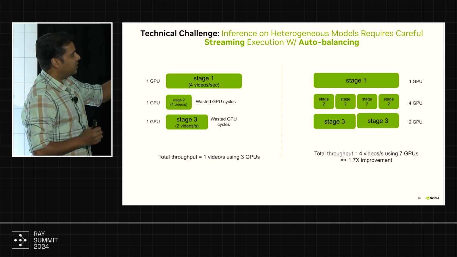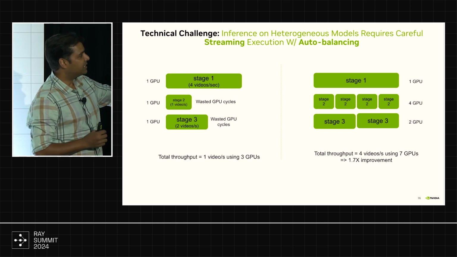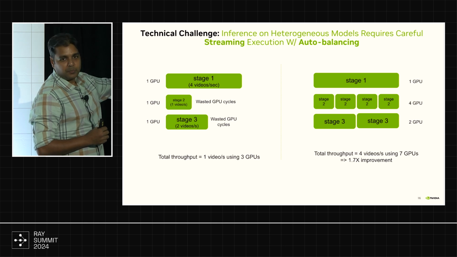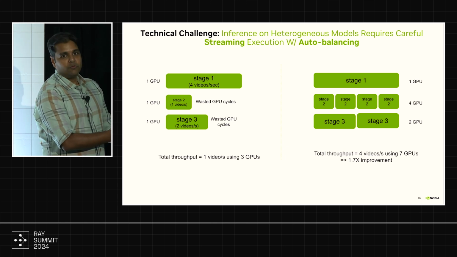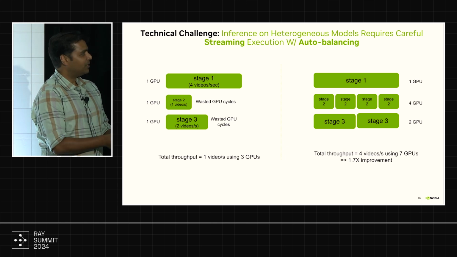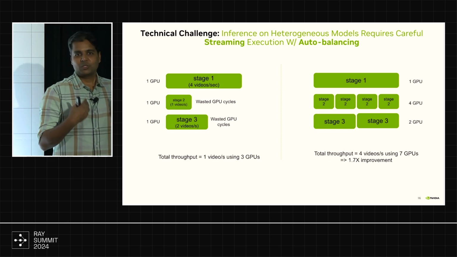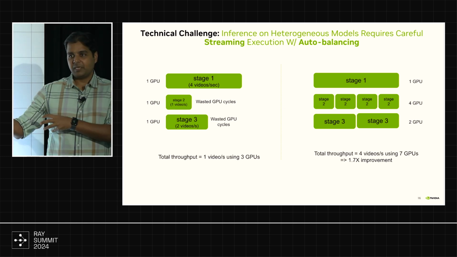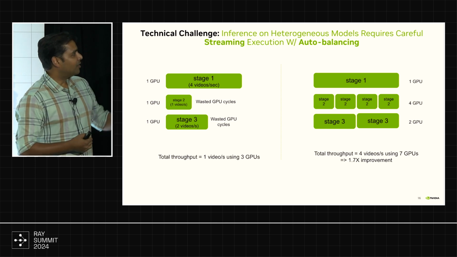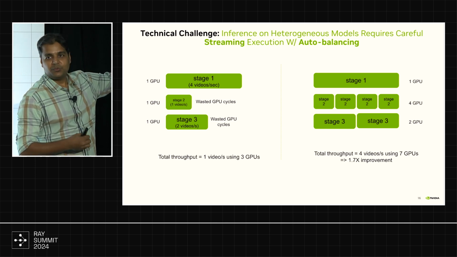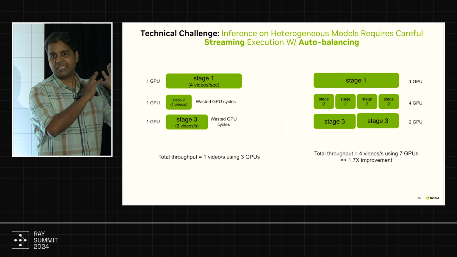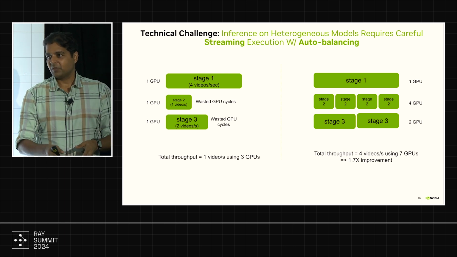Each of them is running on 1 GPU, for example, and they're running at different speeds, meaning the first one can do 4 videos a second, the second one can only do 1 video a second, and the third one can do 2 videos a second. So what ends up happening, even though we built streaming and we use Ray streaming, is that most of the time the GPU for the second stage is idle because one of the stages cannot feed it data fast enough, right?